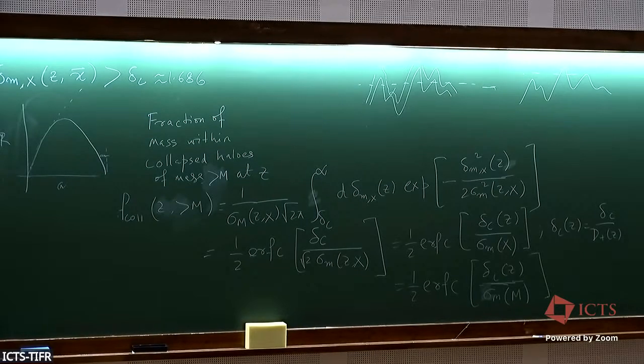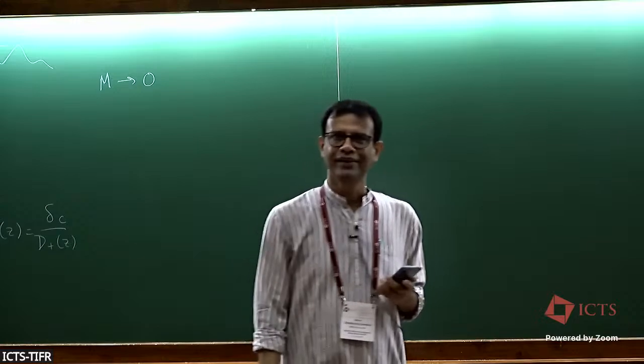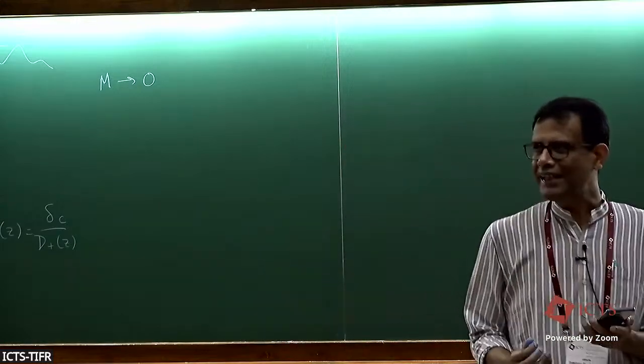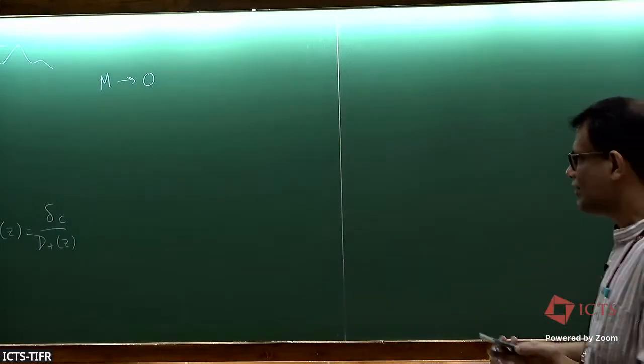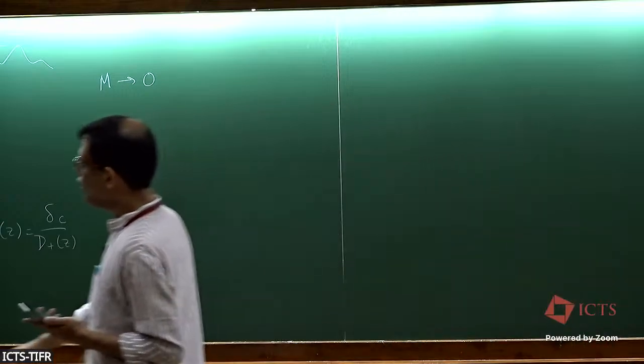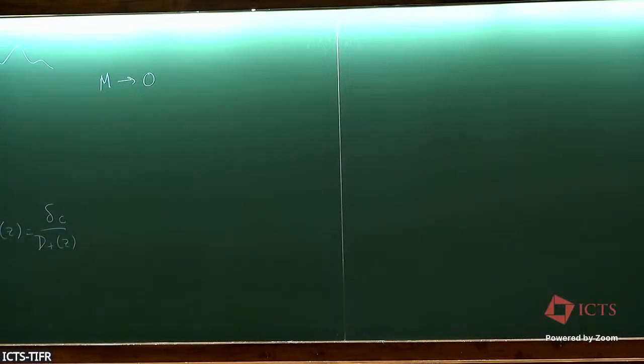However, now there are subtleties which we have to worry about. First point is, suppose I take the limit m going to 0. That would mean that I am starting with halos having mass greater than m.